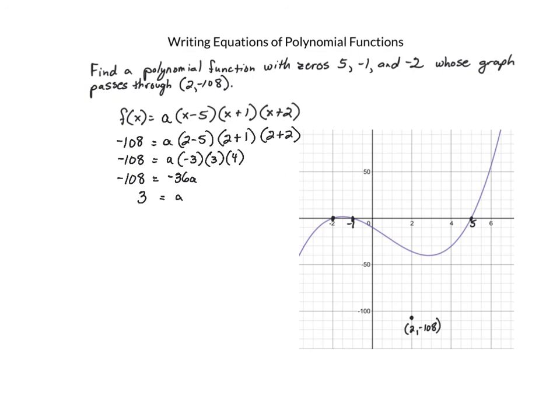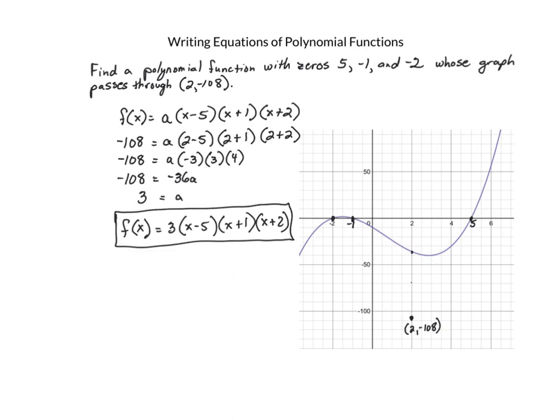So in fact, we do know that the polynomial function will be f of x equals 3 times x minus 5 times x plus 1 times x plus 2. And if we stretched that graph by a magnitude of 3, this point is 3 times lower. Seems about right. And here's our answer. Of course, we could multiply it out if we needed to, but I might present it just like that.